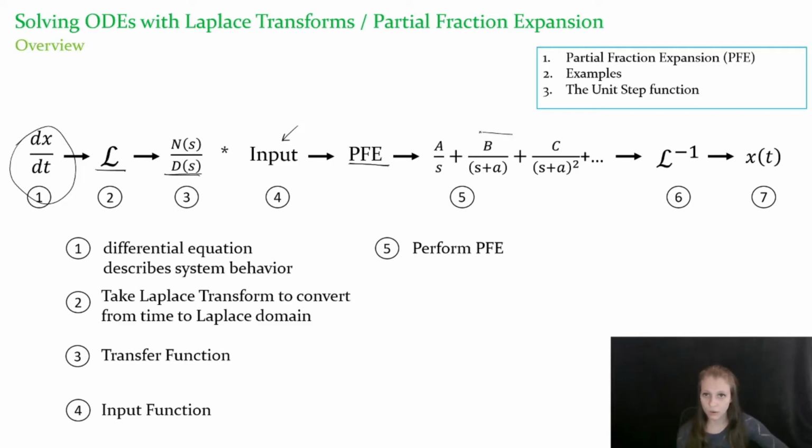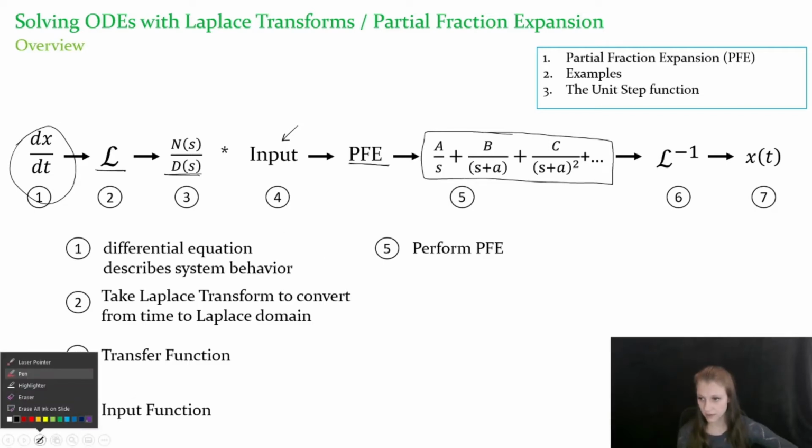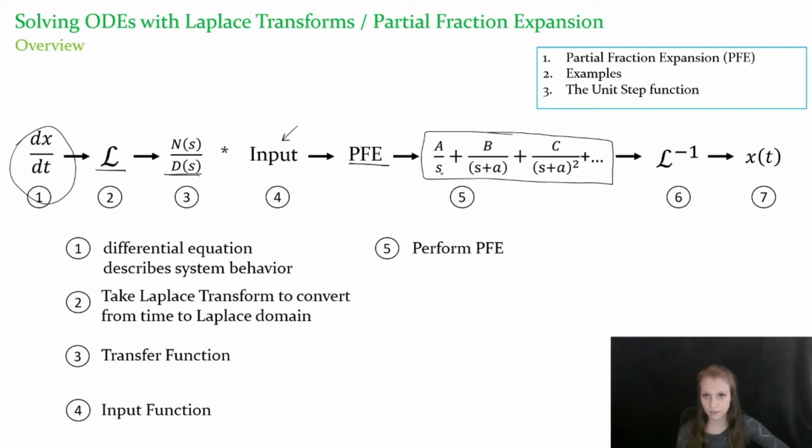So when you do partial fraction expansion, you will usually have a right-hand side that looks something like this. Essentially it will be one or a couple or several fractional terms added together. What's important to note is that the denominators in our fractional terms are related to the characteristic polynomial of our expression.